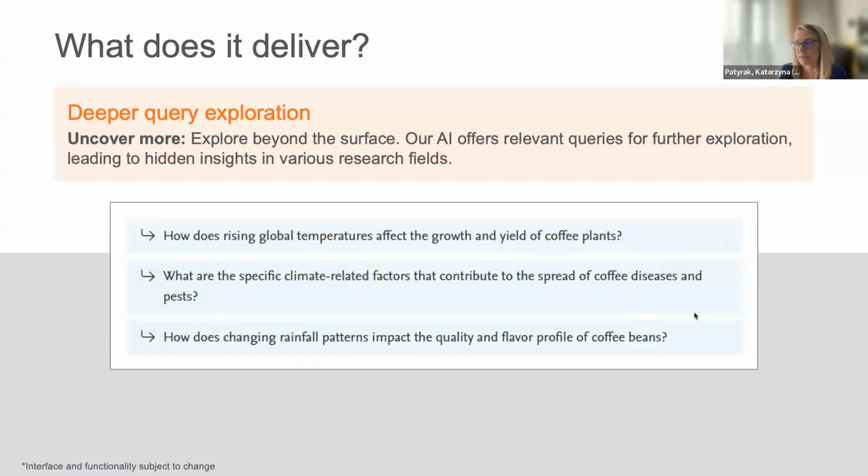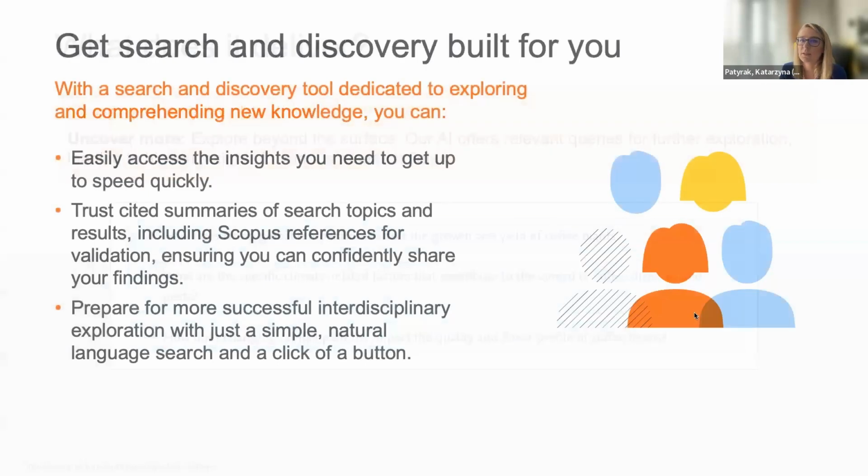So that's the functionality that definitely helps to look at the topic from different angles, because we can come with one idea of the topic, but it might be necessary in our research to look at it from many angles. And definitely with these questions, you can do this exercise quite easily.